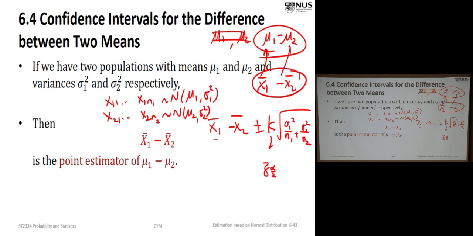That means if I assume that both populations are normally distributed, then this is just the variance of this, so it is just the standard normal, z alpha over 2. So this will be the formula for the confidence interval for the difference between mu1 and mu2, with the assumption that both populations are normally distributed. All right?